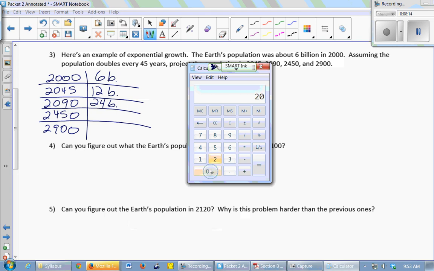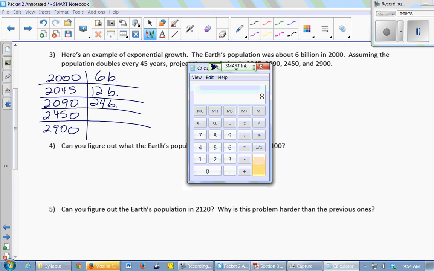So to know how many have passed, you subtract 2450 minus 2090, and you said, oh, that's 360 years have gone by, right? And then to know how many times you should double the population, you have to know how many sets of 45 years that is. So you divide by 45, and you said, oh, 8 sets of 45 years have gone by. That means you double 8 times.